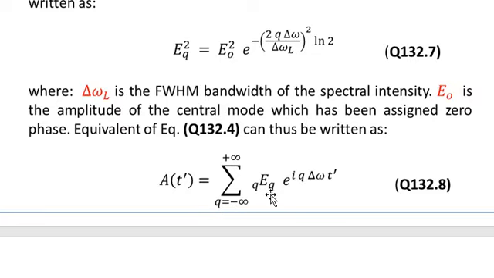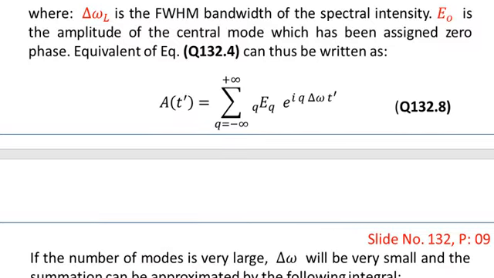So it means that each E_q will be different when the value of the index q is different. So each E_q has a different value. And you know that if you sum up all the infinite number of modes from minus infinity to plus infinity, you will have the resultant amplitude represented by A as a function of t prime, shown in equation number 8.